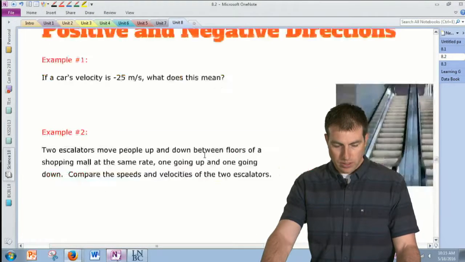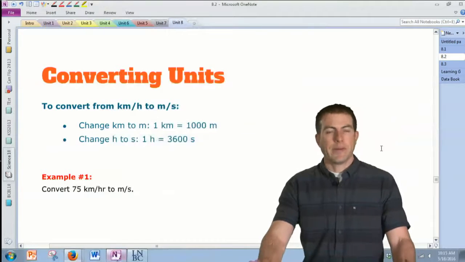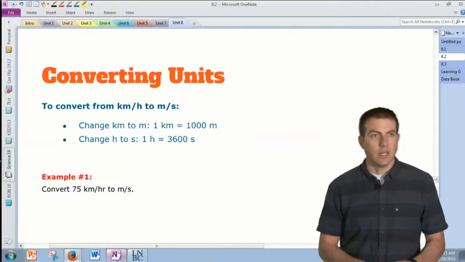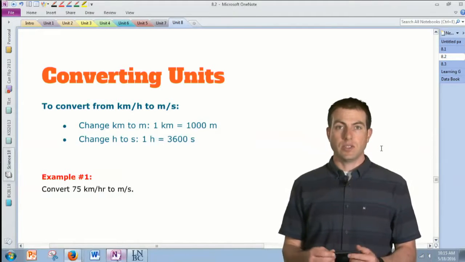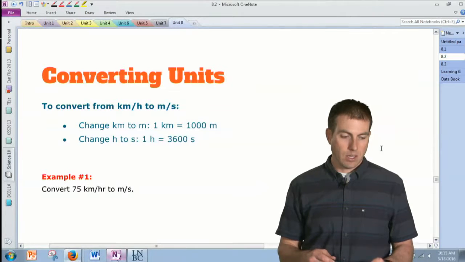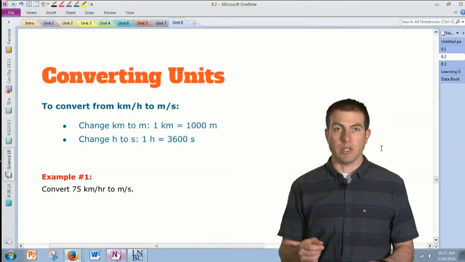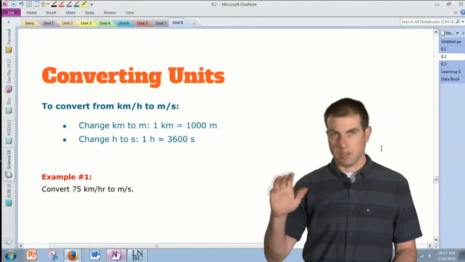Thanks guys. Unit conversions, we've actually done some questions very, very similar to these in math. We were converting from things like centimeters to inches or miles to kilometers.